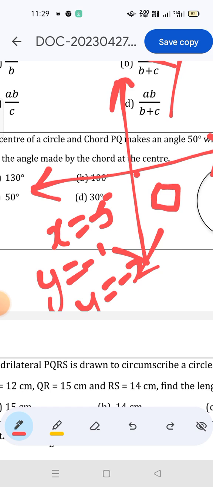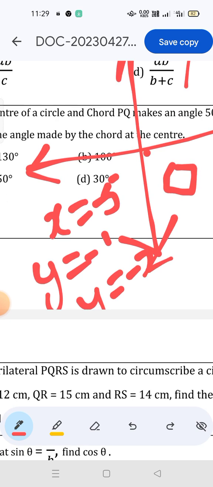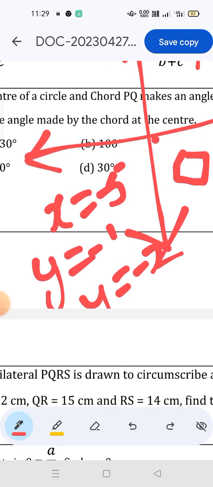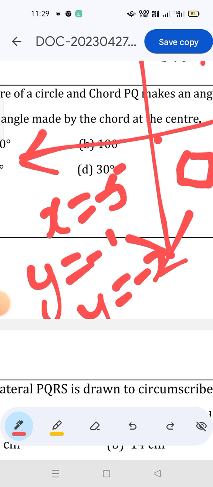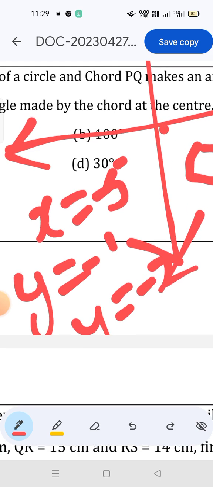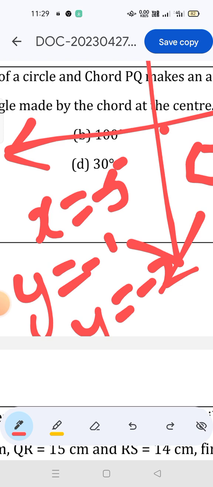Y value can be any negative real number. If you take x as minus 5 and y equal to minus 1, you'll get one point whose coordinates are minus 5, minus 1. If you take y as minus 2, you will get a point whose coordinates are minus 5, minus 2. So like this you can have infinitely many points.